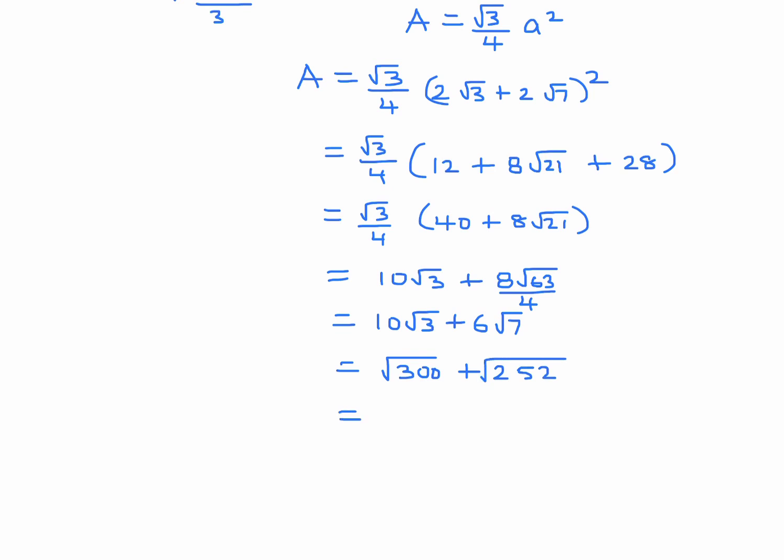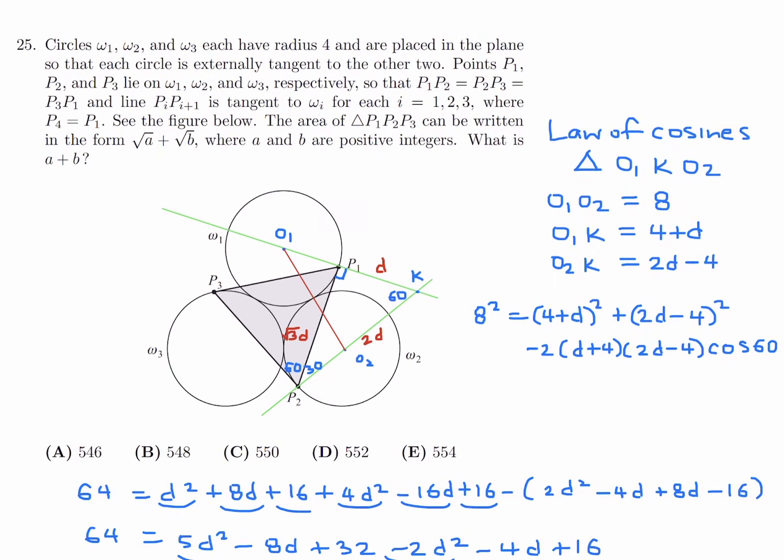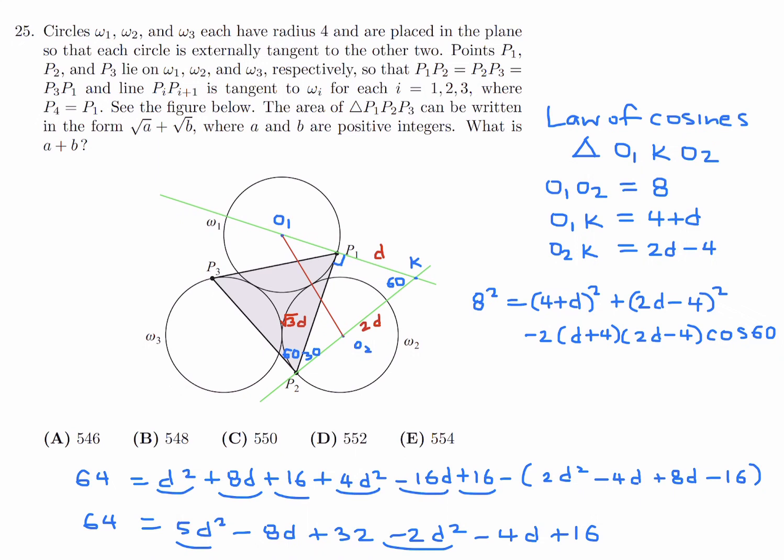And this is the form that they want, root A plus root B. And then they want you to figure out A plus B. Well, A is 300, B is 252, and therefore 300 plus 252 is 552. 552 is the answer, and therefore number 25, that would mean D.